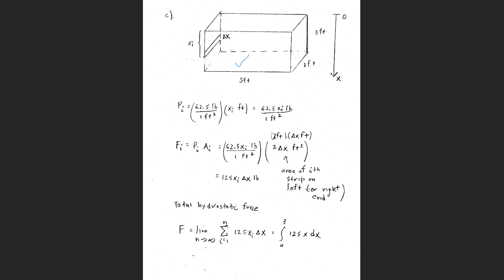Why for part B, when we found the hydrostatic force on the bottom of the aquarium, all we needed to do was take the density of water and multiply that by the area of the bottom. Why was a Riemann sum not involved?